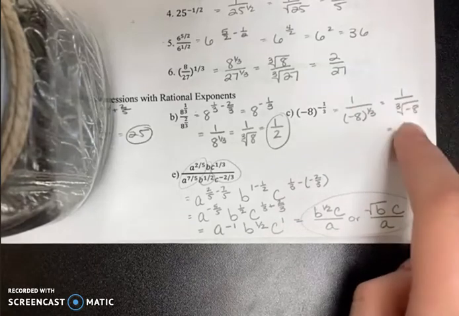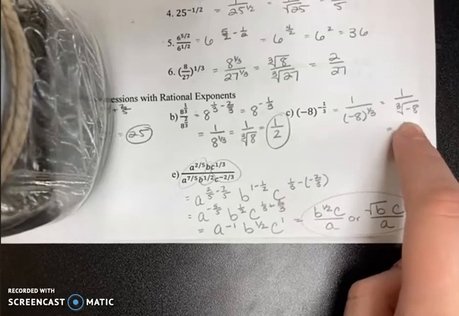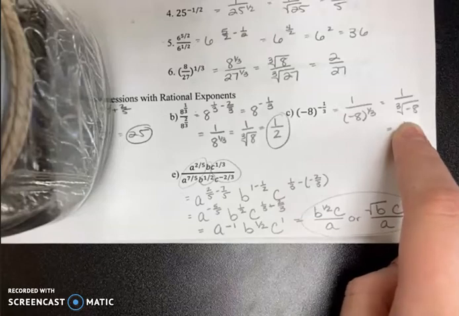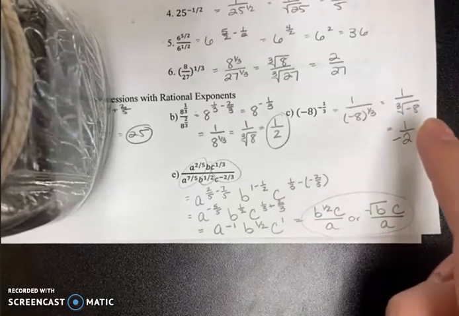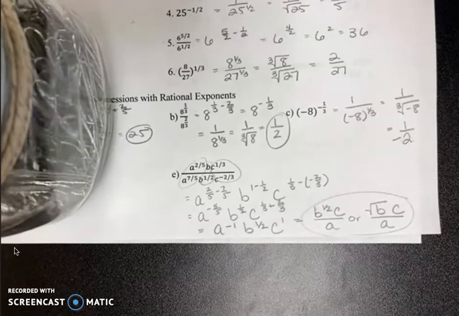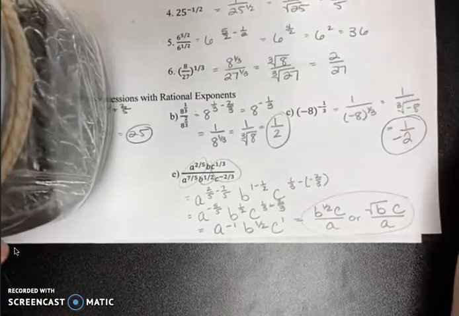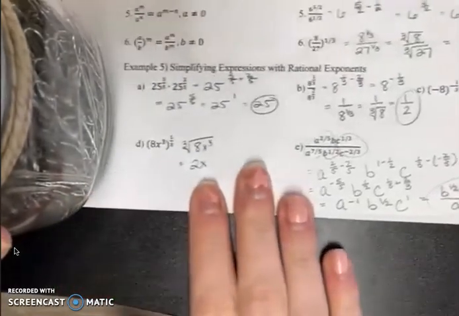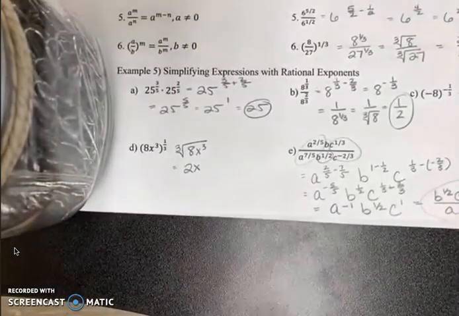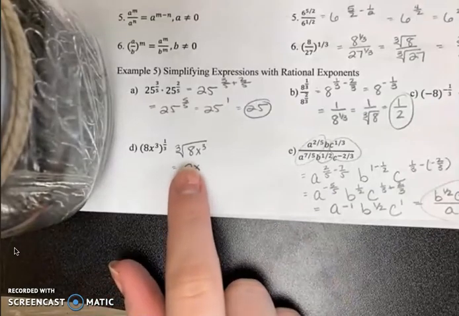It's okay to have the cube root of a negative number. The only time it's not okay is if it's an even root. So I would just put negative 2 in place of the cube root of negative 8, giving my final answer of negative 1/2. For D, we had the cube root.